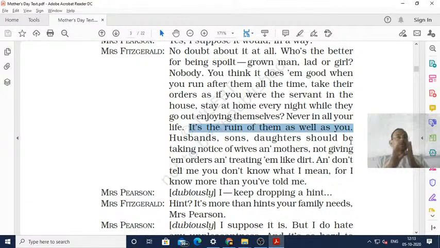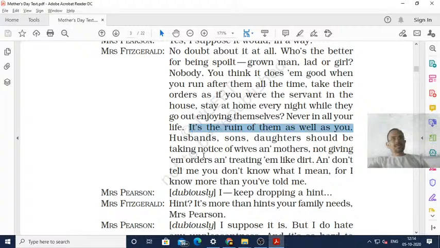If you are doing the work for them, you are ruining them as well as yourself. It's a loss for you because you are doing extra work, and it's a loss for them because they are becoming parasites, dependent on you. That is why it's a ruin for both sides, and for you because you are doing a lot of work which you are not supposed to do.